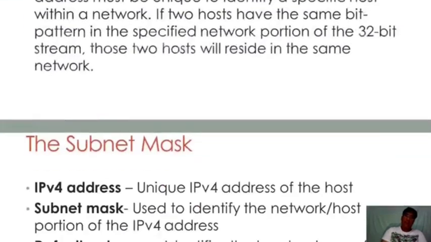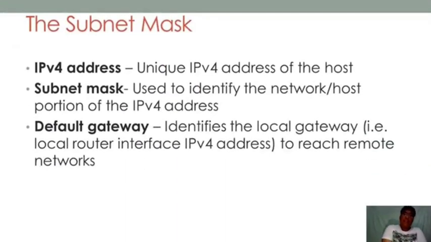The IPv4 address, subnet mask, and default gateway: the unique IPv4 address of the host is used to identify the network and host portions, and the default gateway identifies the local gateway, the local router interface IPv4 address, to reach remote networks.